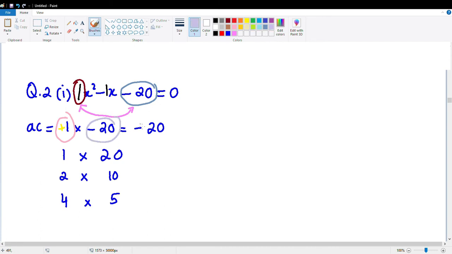If one of them is positive, then the other one has to be negative. If one of them is negative, the other one has to be positive. So plus 1 and minus 20 will be minus 19, and we need minus 1. Also, minus 1 plus 20 is positive 19, and that's not it either. So this is not an option.